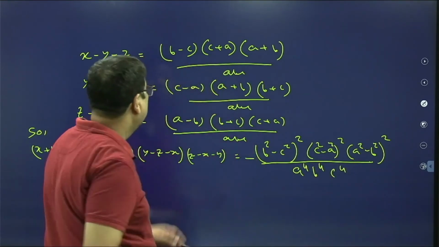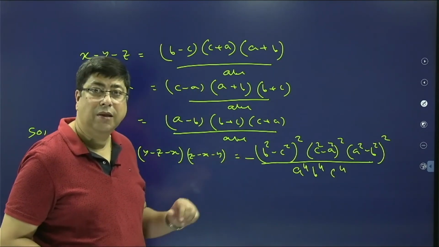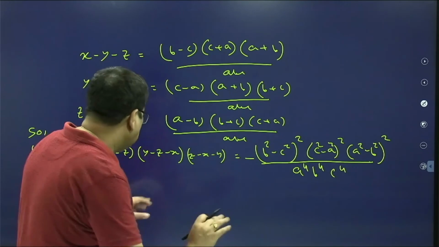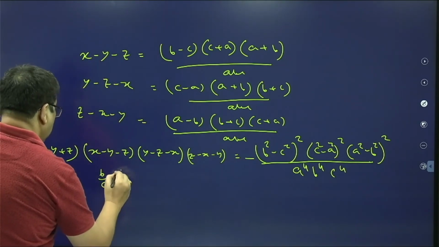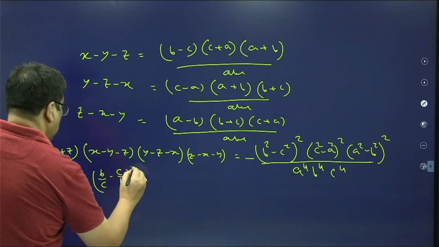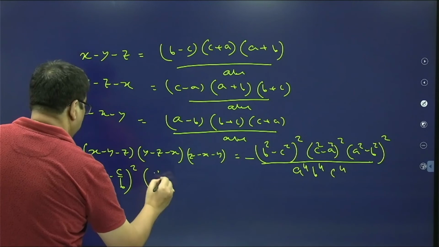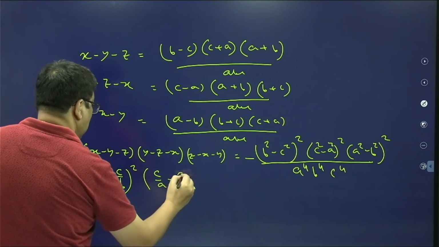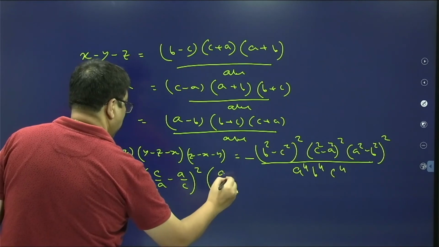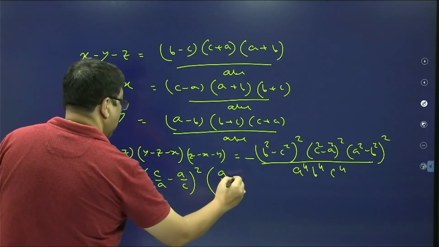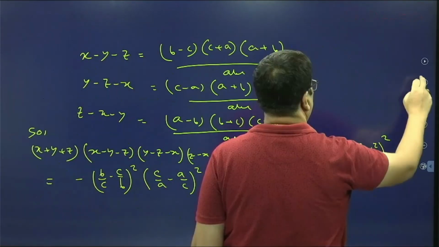Since an odd number, three, of minus signs is there, I am giving one extra minus sign here. Therefore, if we distribute, we can get b by c minus c by b whole square into minus outside c by a minus a by c whole square into a by b minus b by a whole square.